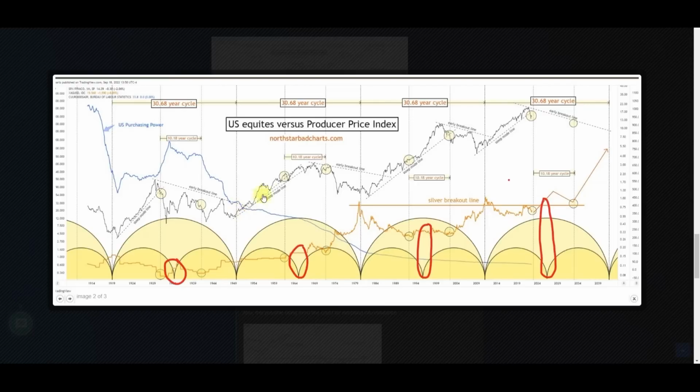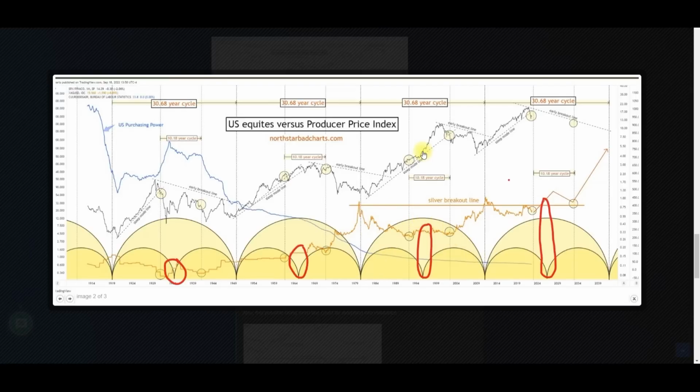In the 1960s, it broke down from a rising trend line, but it still had momentum, bounced on a longer-term support line, and after that, it decided to topple over. In the 2000s, U.S. equities got even more bullish because while they had peaked right here, slowing down versus PPI and silver bottom, even silver didn't do a new lower low in that second 15-year cycle for the right translation of that 30-year cycle.